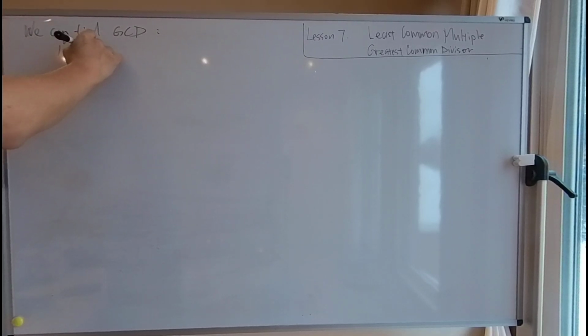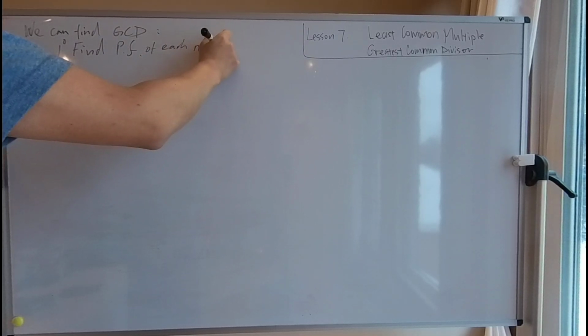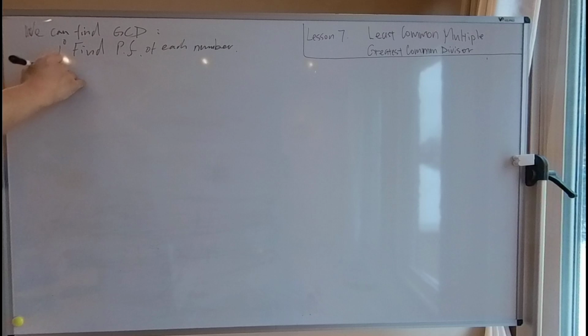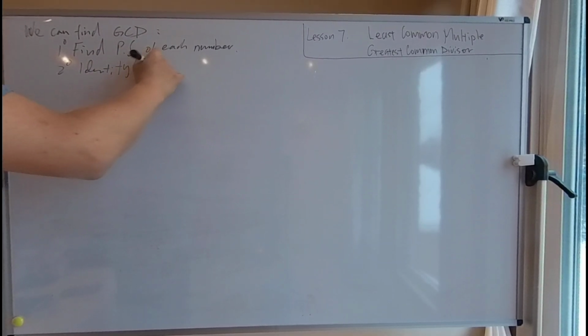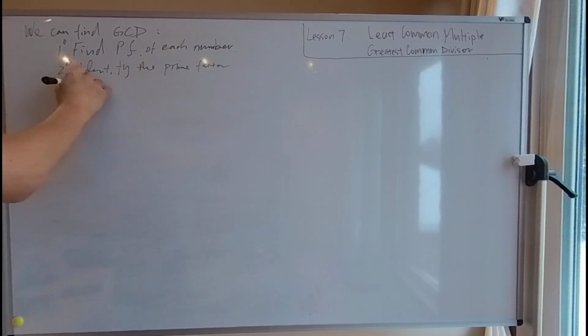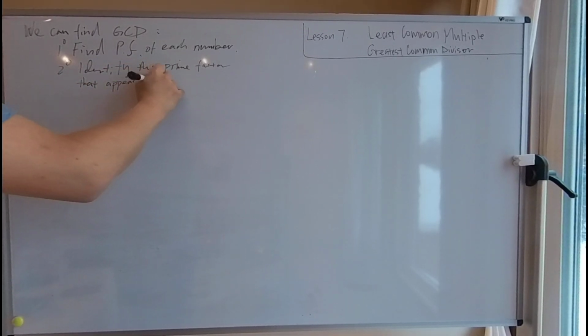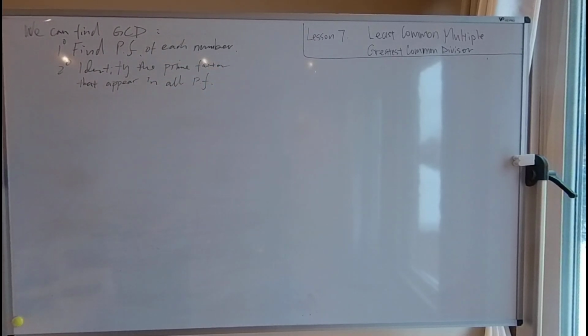Similarly to the least common multiple, we first define the prime factorization of each number. Then second, identify the prime factors that appear in all factorizations among all the numbers.